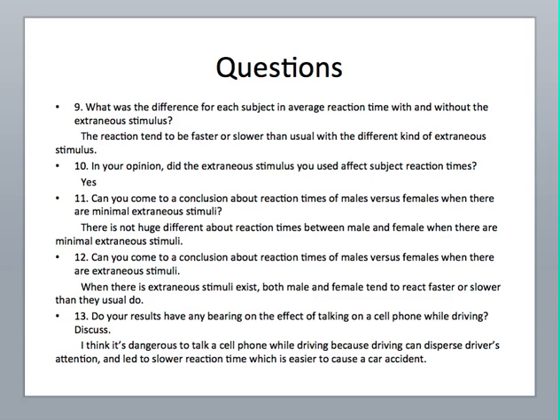For example, when the person is not really paying attention to the experiment, the reaction time will be slower. And when someone scares the person who is doing the experiment, the reaction will be faster. Question 10, in your opinion, did the extraneous stimulus you use affect subjects' reaction times? And it's yes.